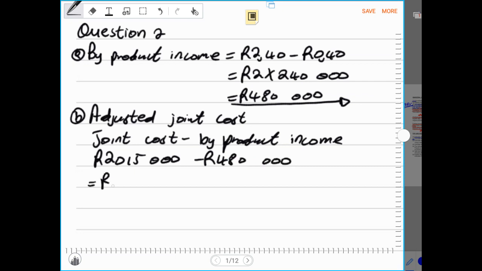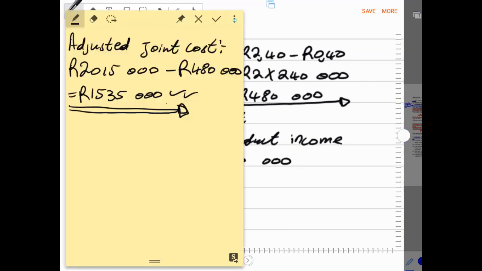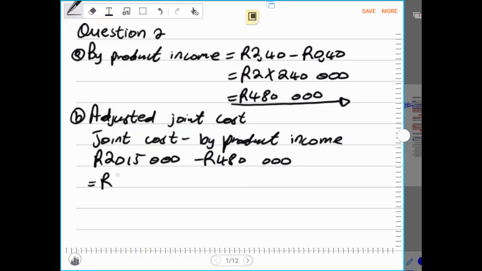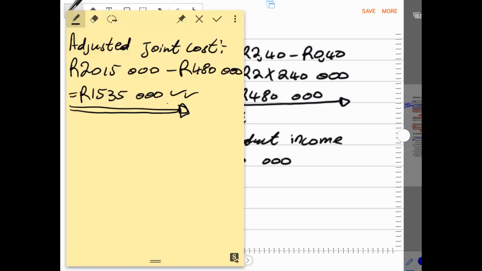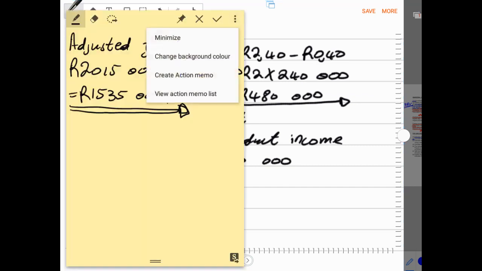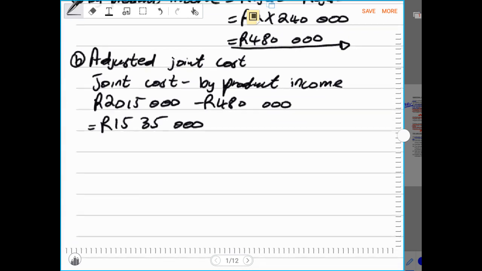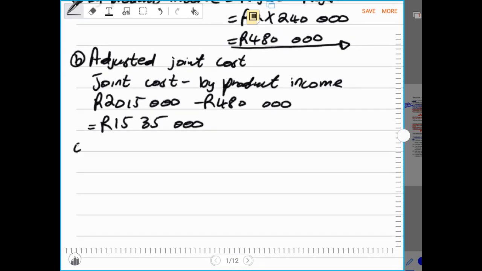Therefore, that will give us the adjusted joint cost of 1,535,000 rands. So that will be the second requirement that we have answered, to calculate adjusted joint cost.